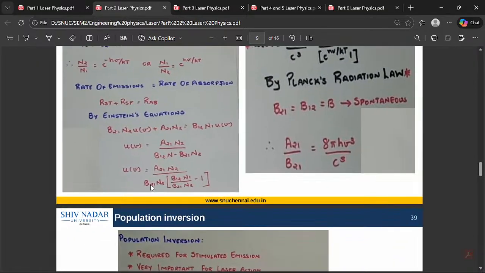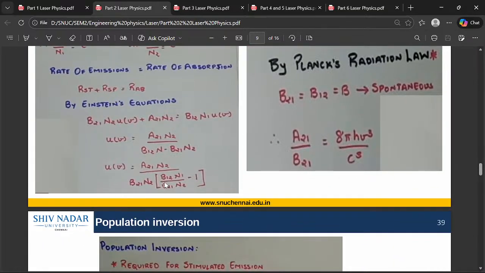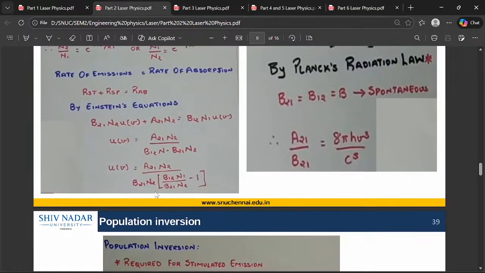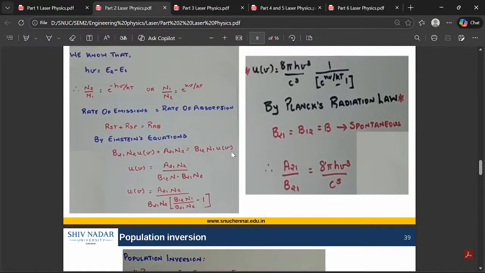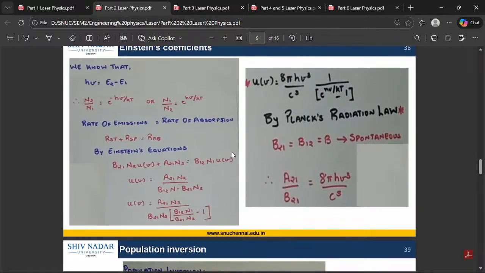So we arrive at this: u mu, the energy density, is equal to A21 N2 divided by B21 N2, the whole multiplied by B12 N1 divided by B21 N2 minus 1.